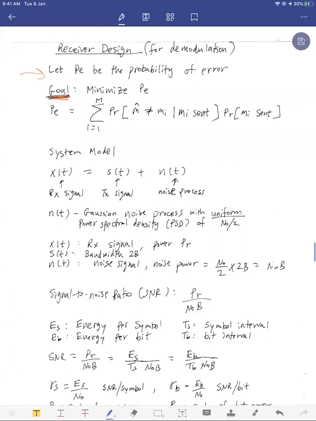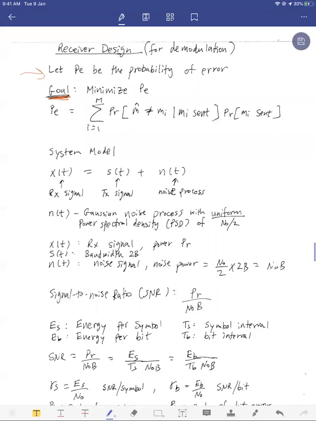When noise is added, it's unlikely that I'm going to be able to decode all of my bits correctly. If you could, your probability of error would be 0. But noise is fundamental. It's out of your control. It's added by the universe. You cannot control it, and you don't know the noise. So the question is, in the presence of noise, how am I going to minimize the probability of error?